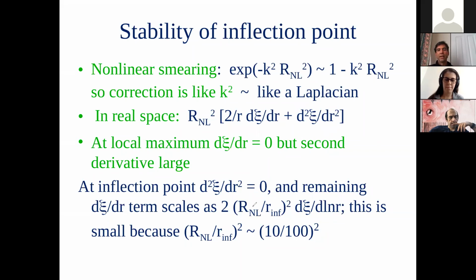And so this extra correction is small. And that's why the inflection point, which is kind of the midpoint between the peak and the dip, is not affected by nonlinear evolution.